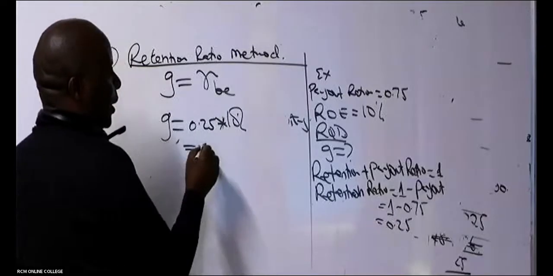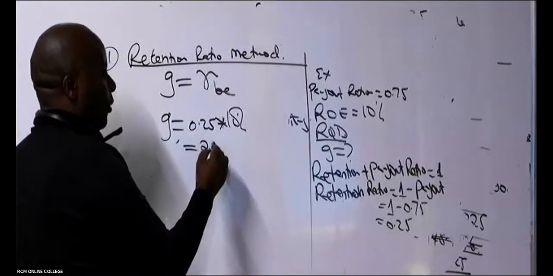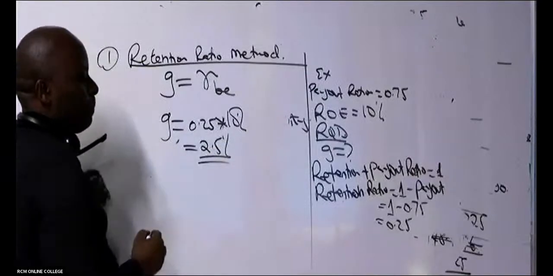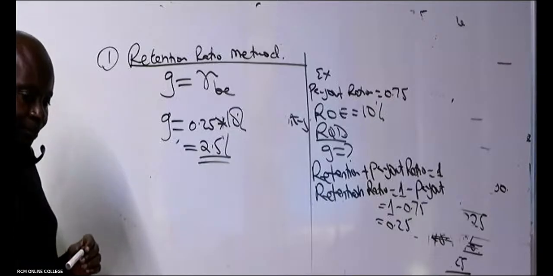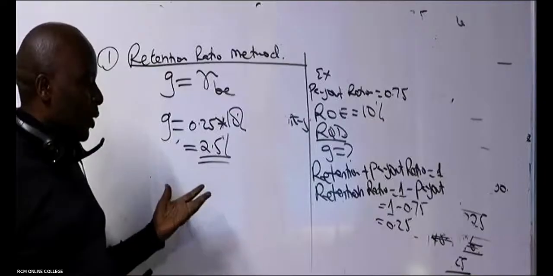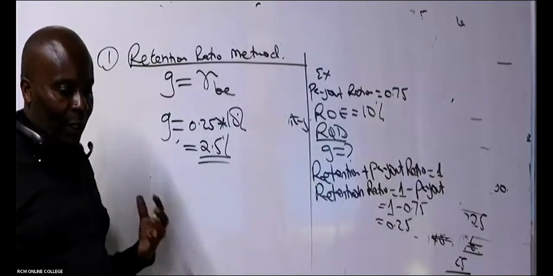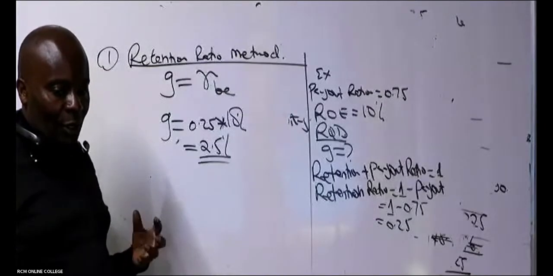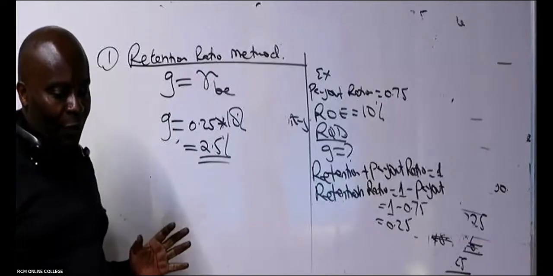Can somebody confirm that this will end up giving us 2.5%? You can say 0.25 times 0.1, and whatever answer you get times 100, it'll give us 2.5%. Is that okay, ladies and gentlemen, for all of us?